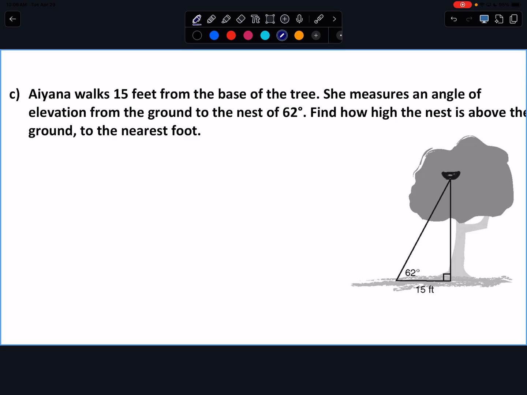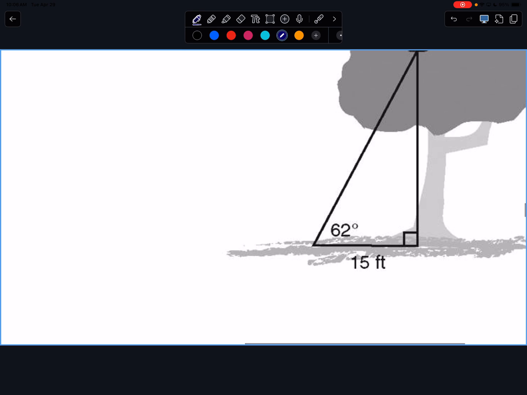Okay, go ahead. So I looked at it and I labeled it. Okay, you looked at it, you labeled it. Go for it. The tree with the opposite, and 15-foot being the adjacent. And then I wrote the tangent of 62 degrees equals x over 15.